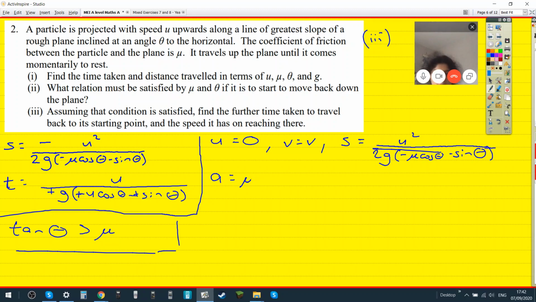Yeah, it's basically that. Do you have to include the g? You need the g. We just factorized out the g here, didn't we? I could factorize it out. So you basically know everything except t.